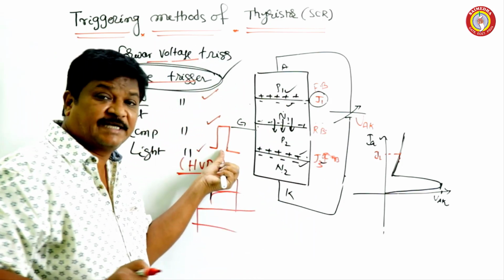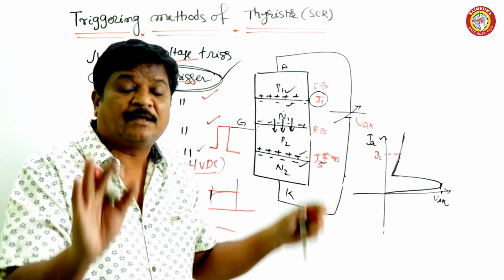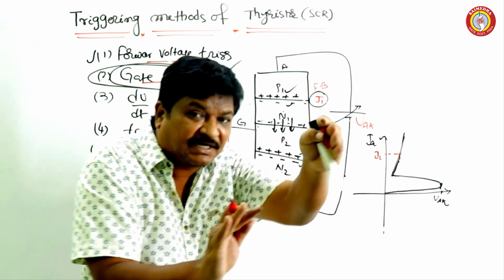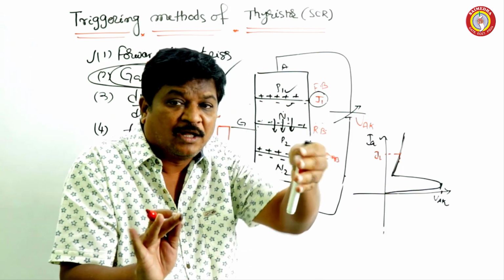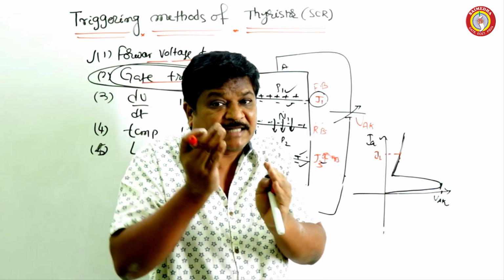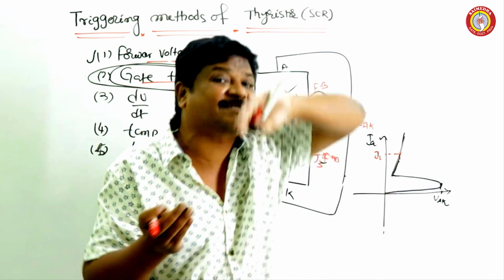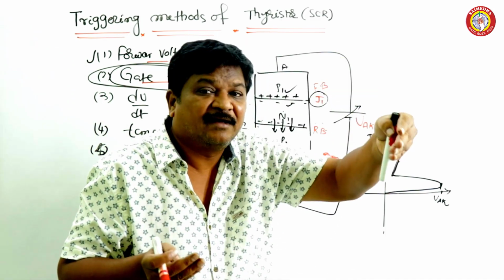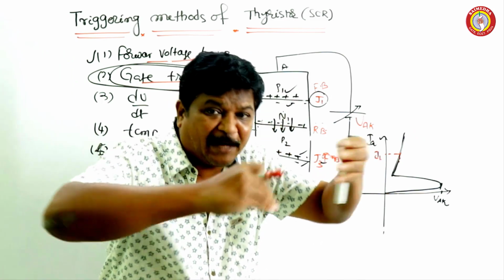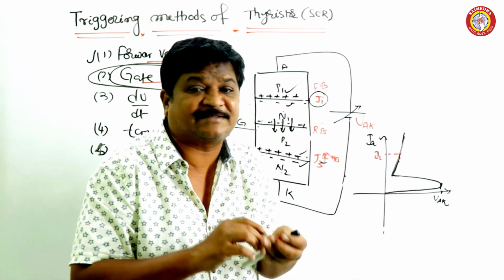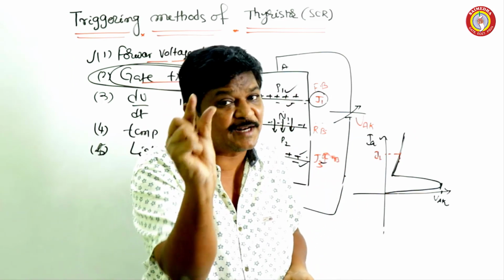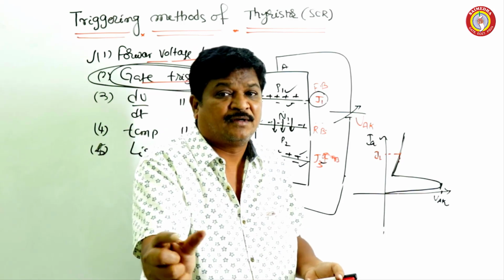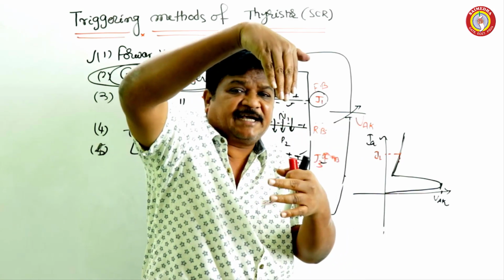Thereafter, if you remove the gate pulse, nothing will happen because of the regenerative action of transistors T1 and T2. The collector current of transistor T2 acts like a base current to T1, and that cumulative regenerative action takes place. I already told you the two transistor model; their feedback effect is taken.